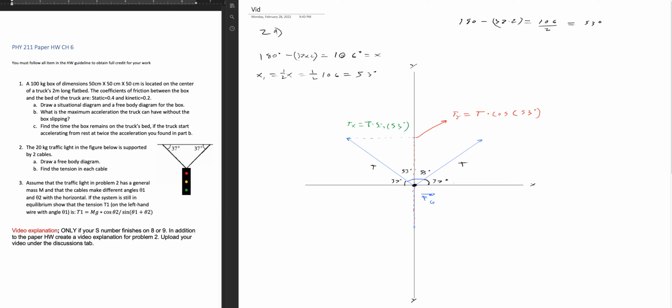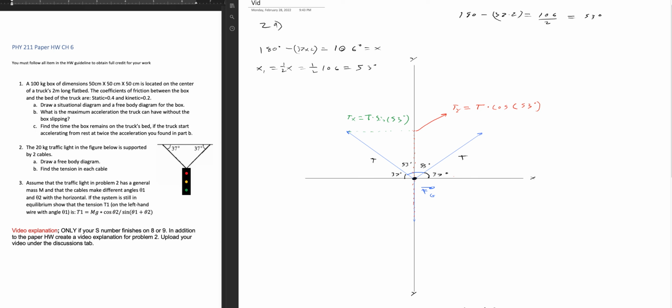This big angle right here. But I don't want that angle. That's not very useful to me while I'm doing my calculations. So instead, I cut it in half along the y-axis, and I get 53 degrees and 53 degrees. Much simpler measurements to work with, I should say.